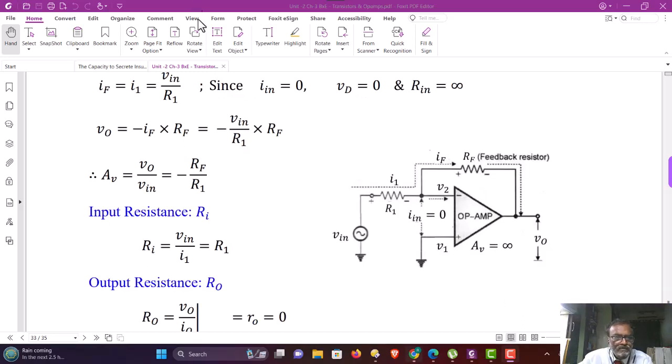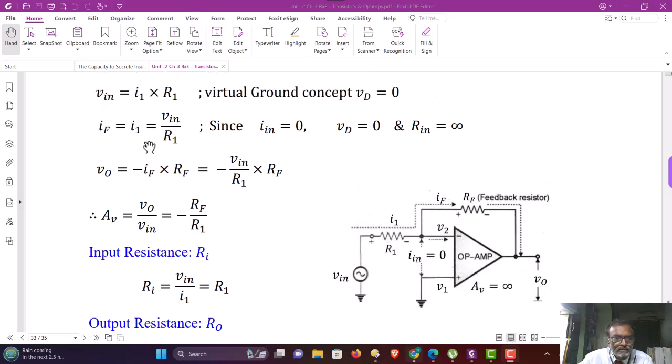Since we have the values of IF and Vin from equations 1 and 2 here, we will substitute the value of IF equal to I1, which is equal to Vin by R1, in the equation of VO.